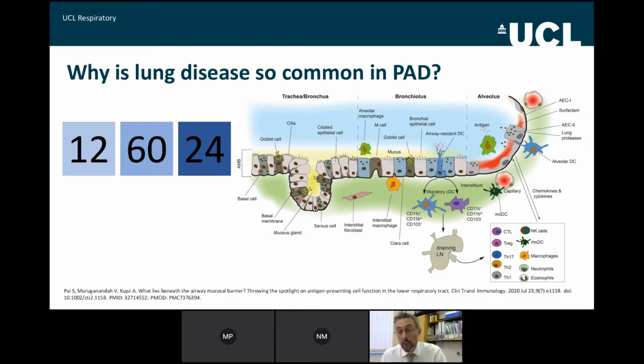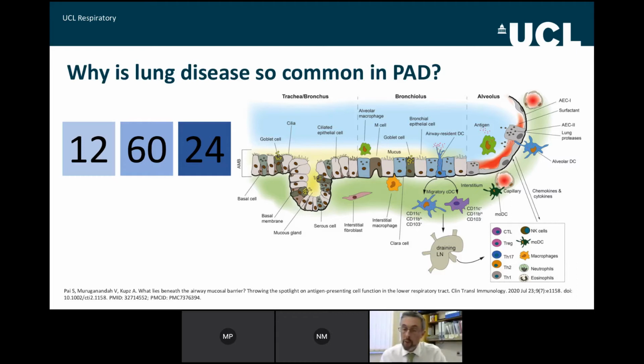And of course, it's the job of the immune system to protect the airways and to protect the lung from those potentially harmful irritants. And it's a very complicated system, illustrated in this very nice review figure on the right. But you can see from that a very critical role for the immune system.